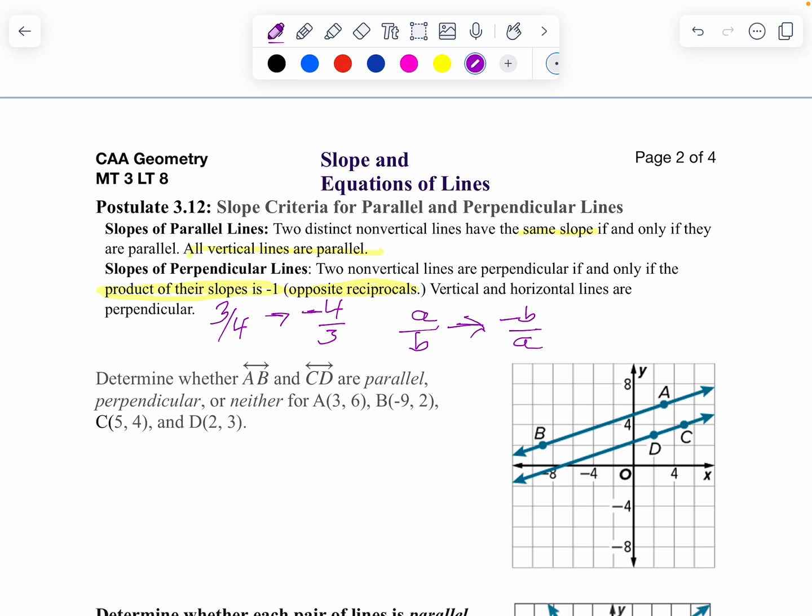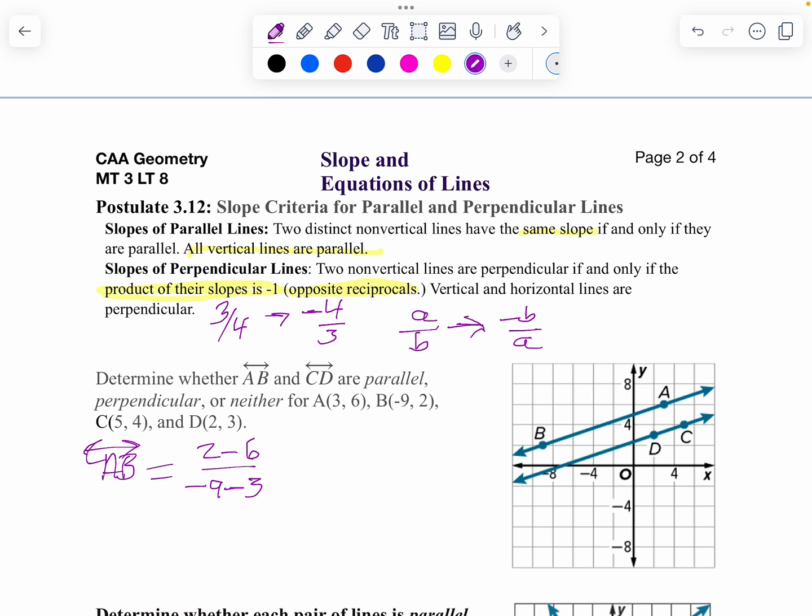So let's do it here. Now, it kind of looks like they're parallel, doesn't it? So I won't be surprised if they're parallel, but you got to show me they're parallel by looking at their slopes. So let's look at the slope of AB. So the slope of AB is going to be 2 minus 6 over -9 minus 3.